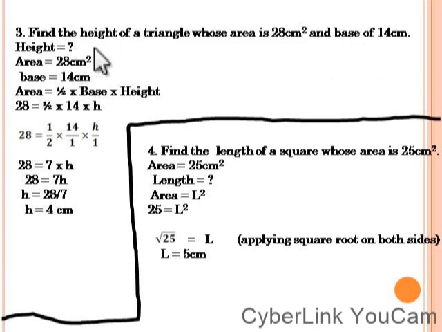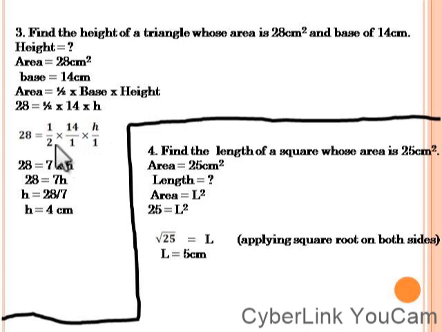So let's substitute the values here. In place of area, we'll write the value given to us as the area, which is 28, equal to half times 14, which is the base, and the height is what we are looking for. So we have 28 is equal to half times 14 over 1 times height over 1.